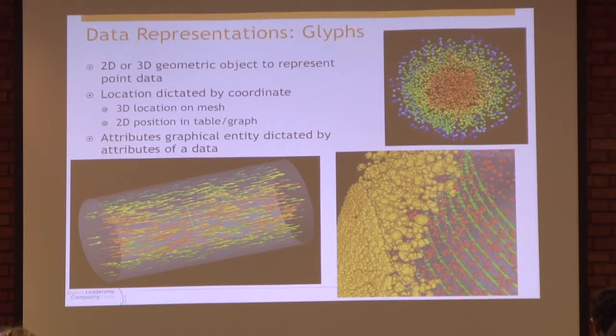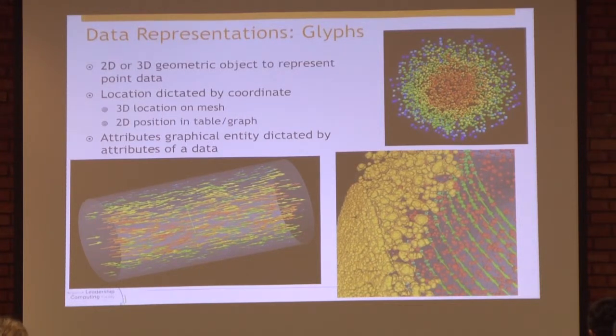For instance, the image in the upper right is a bunch of particles, and they're colored by their velocity. The position is based on where the particle is located as it's moving through this tube. We're looking at this tube head on. The velocity near the perimeter is slower, so those are colored blue. As you get closer to the center, the velocity is moving faster, and the red represents a higher velocity.